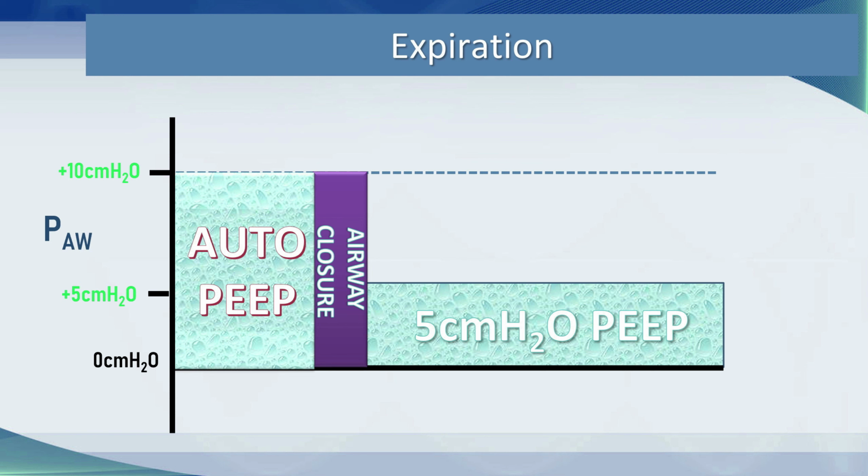Firstly, in inspiration, pressure support can be added to the PEEP, and this will reduce the negative inspiratory force that is required to open the airway and refresh the alveoli. By prolonging inspiration, as we will see in pressure control ventilation, the lung units can be stented open for a prolonged period of time. On the other hand, one may be able to overcome auto-PEEP by increasing the extrinsic PEEP.